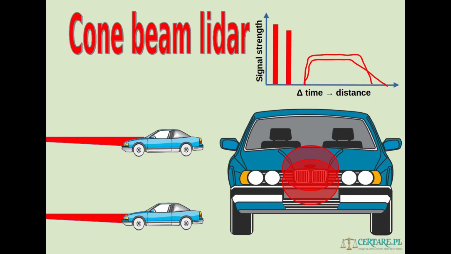You are getting this impulse spread in time, and a slight movement along the shape of the car will mean that you still will be getting a lot of energy from a position similar to the previous one.